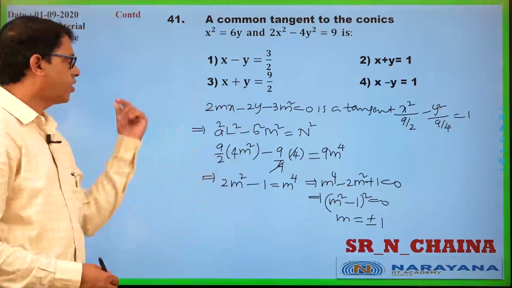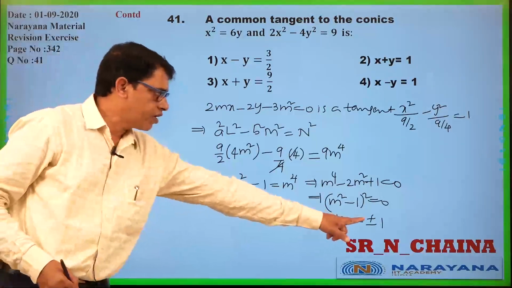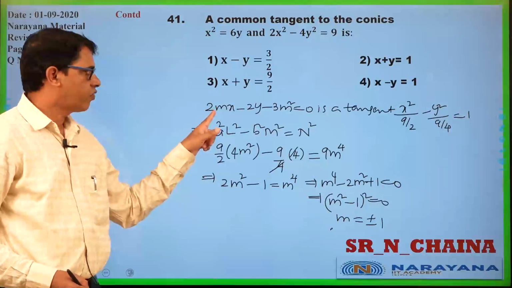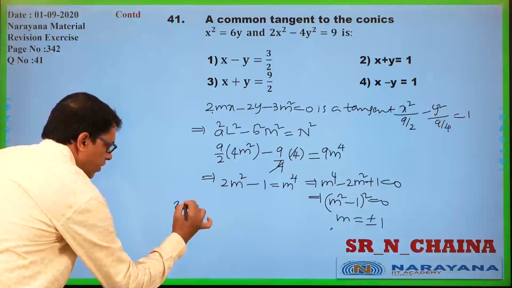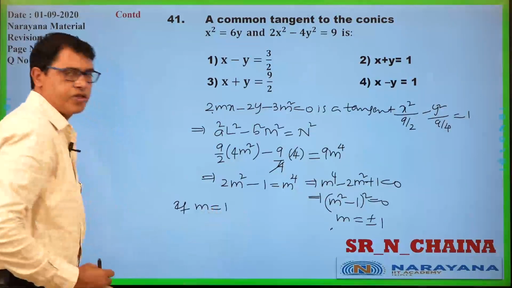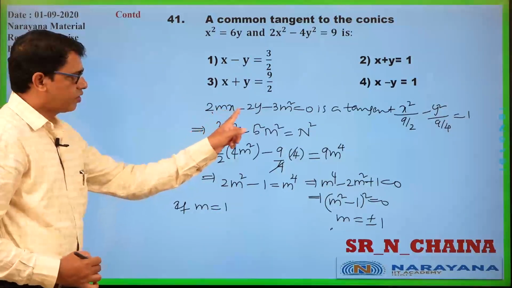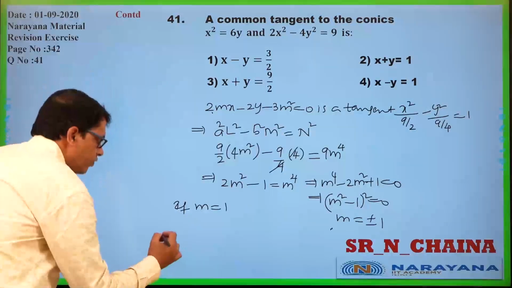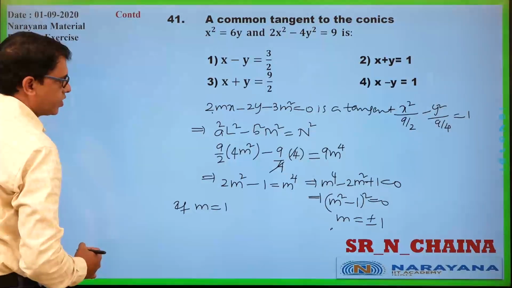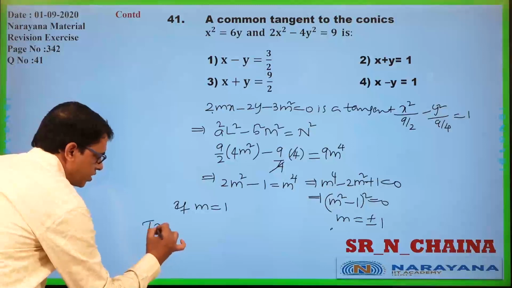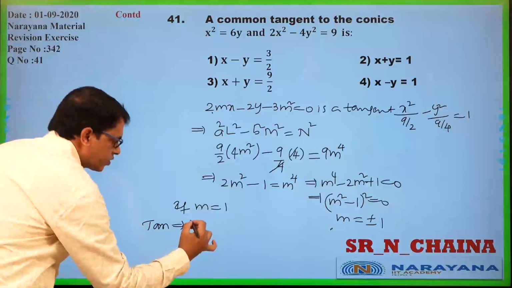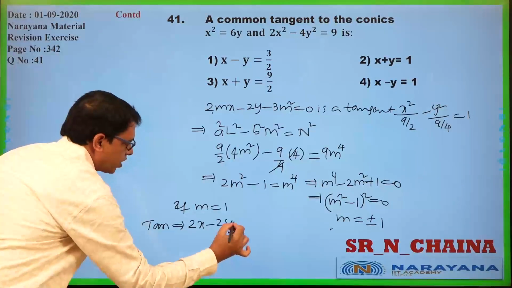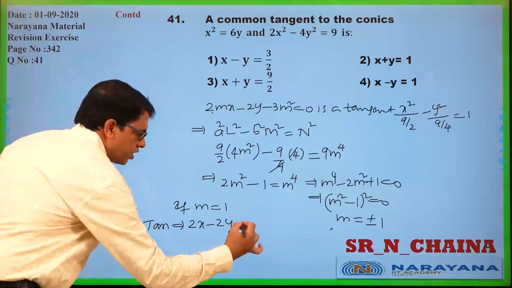If you take m is equal to 1, this line is a tangent. Therefore, if m is equal to 1, apply here. This line is a tangent, no? Therefore the equation of common tangent, in the place of m write 1, so 2x minus 2y minus 3 equal to 0.